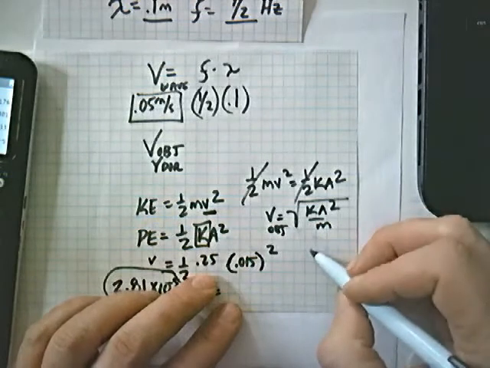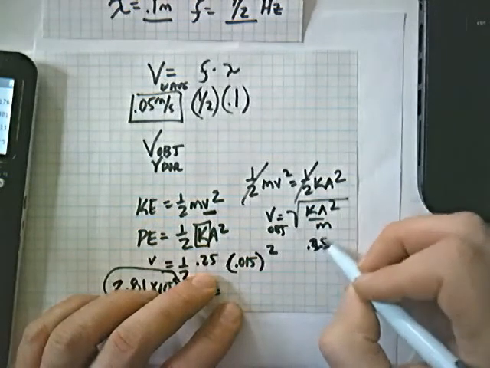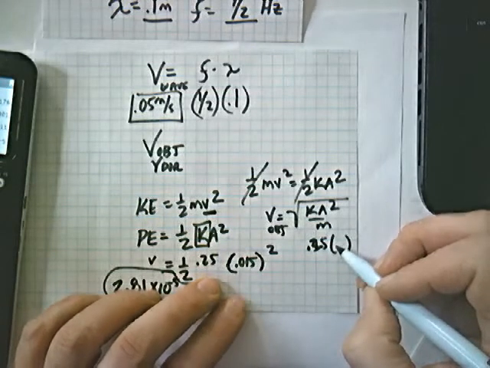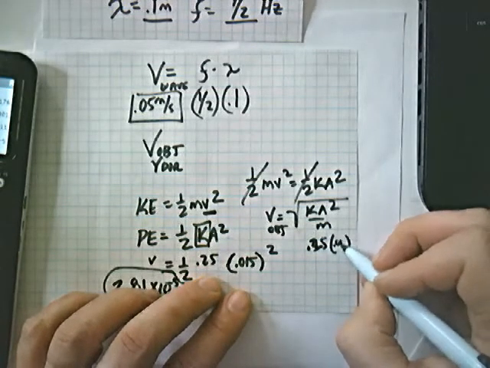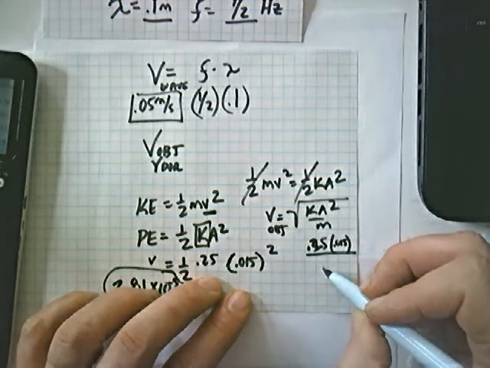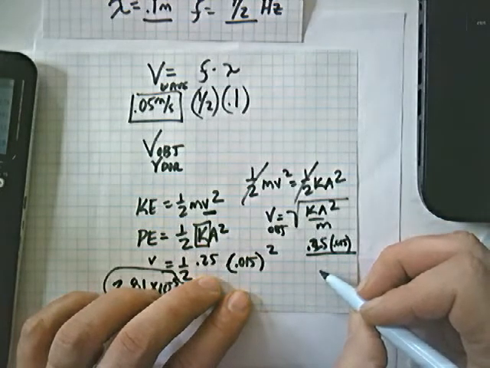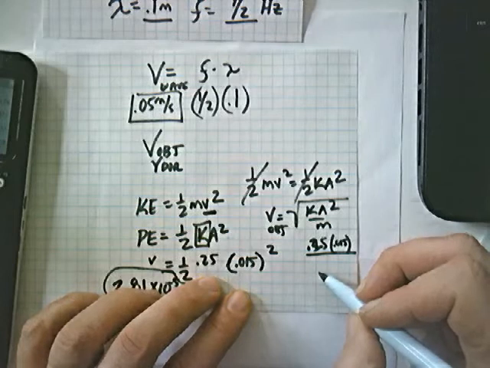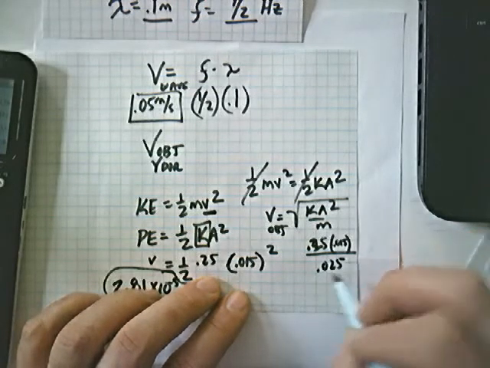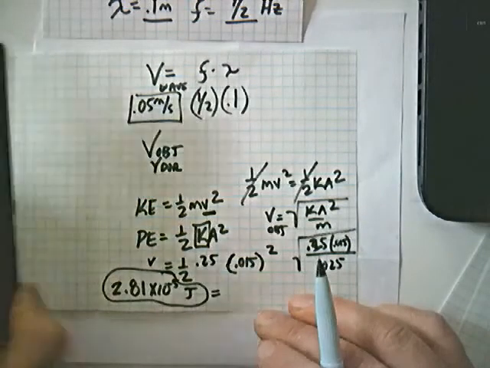So we're going to put in 0.25, put in the amplitude again. The amplitude in this problem was 0.015. Then I'm going to put in the mass. The mass of the water bug, once again, was only 25 grams, 0.025. And we're going to square root it.